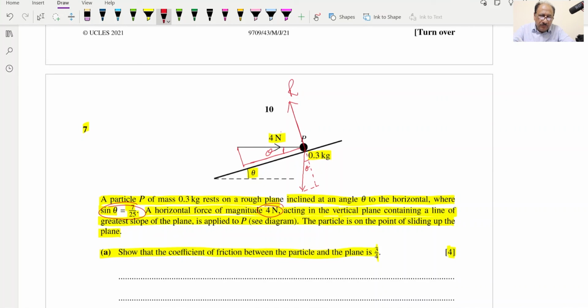So R will be upward, and downward force will be 0.3 g. This force will be downward force, and the other downward force will be in this one, because we have resolved it. So this will be the component y-axis.